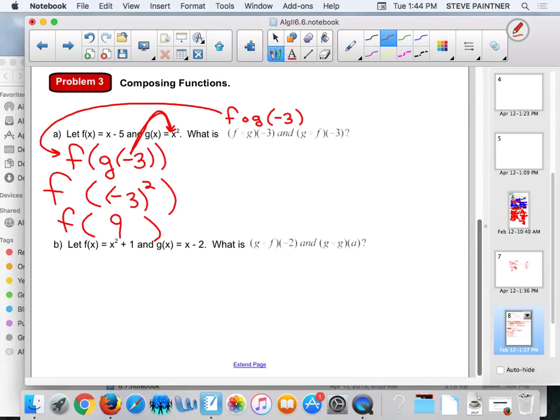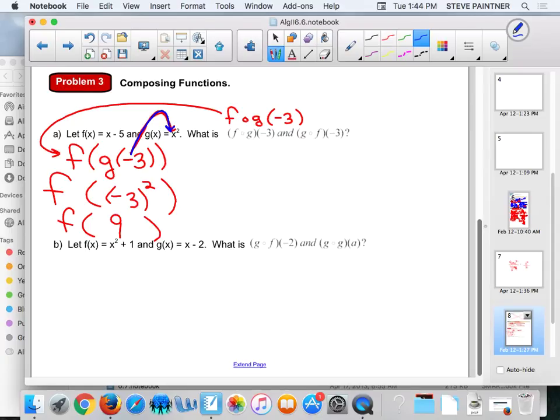Now you take the 9 and stick it into function f. Wait, what happened to the x minus 5? I haven't even got there yet. It said work with g, didn't it? Put negative 3 into g. Negative 3 times negative 3 is 9.